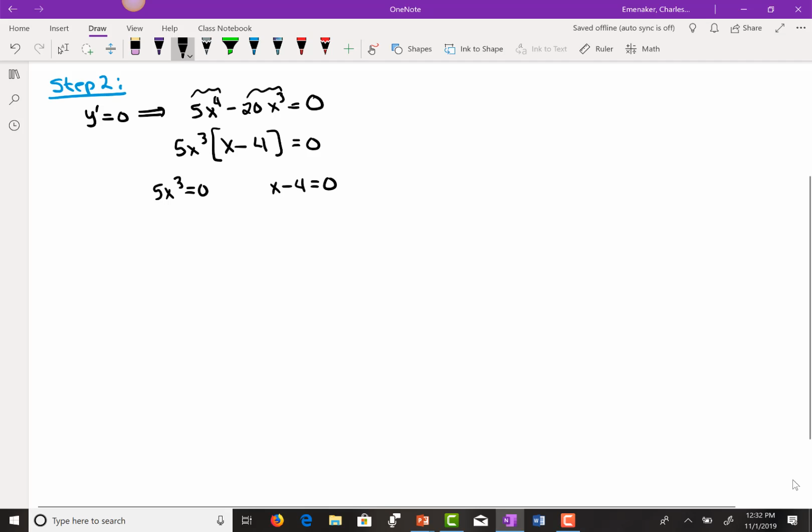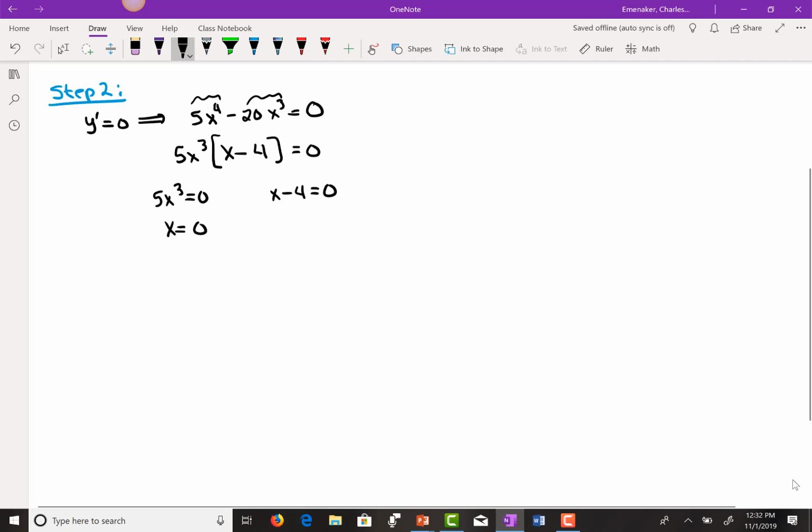Everybody good? On the left-hand side, divide by 5, we get x cubed is 0, and the cube root of 0 is 0. So on the left-hand side, we get x is 0. On the right-hand side, solving for x, we get x is 4. Our potential critical values are x equals 0 or 4.